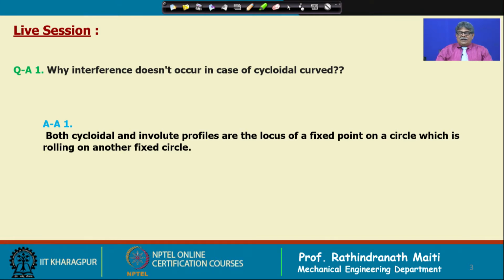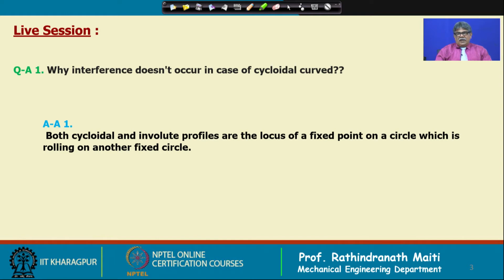Whereas, for the cycloidal, the rolling circle is usually smaller than the fixed circle, and the point is on the rolling circle. The locus of that point, which we may call the describing circle, the profile will be an epicycloid.